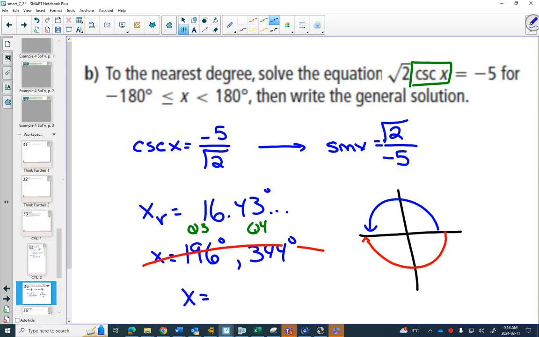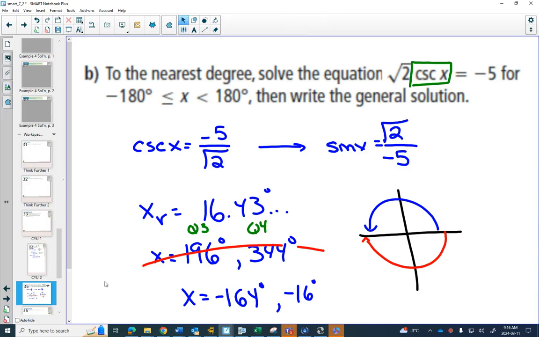The actual answers will be negative 164 degrees, and this one will just be negative my reference angle.